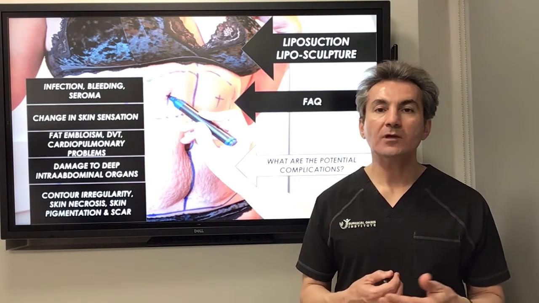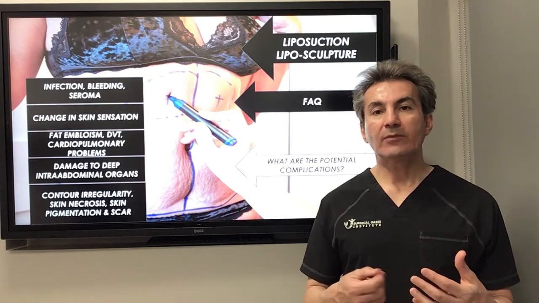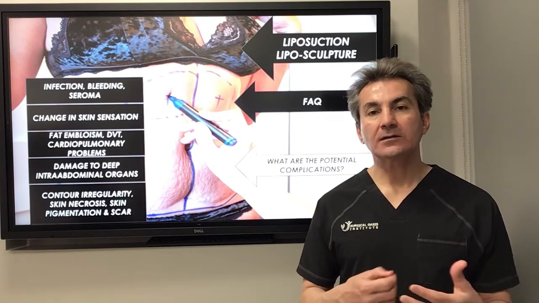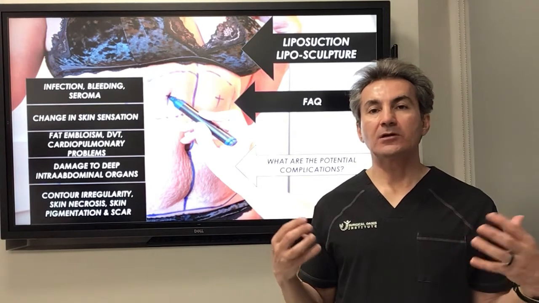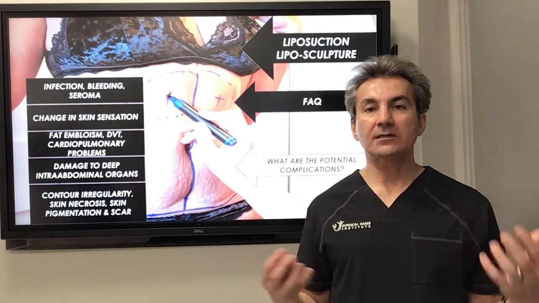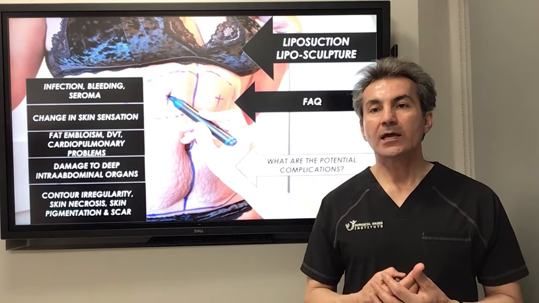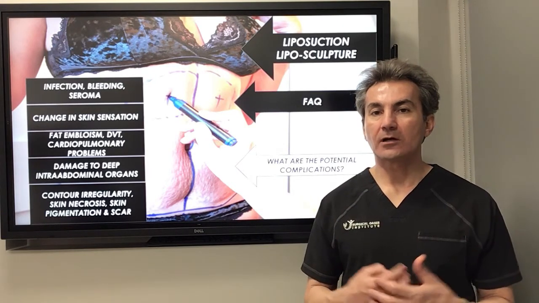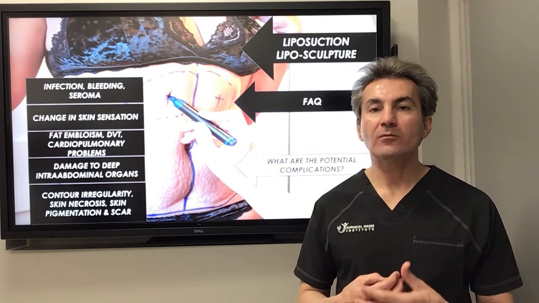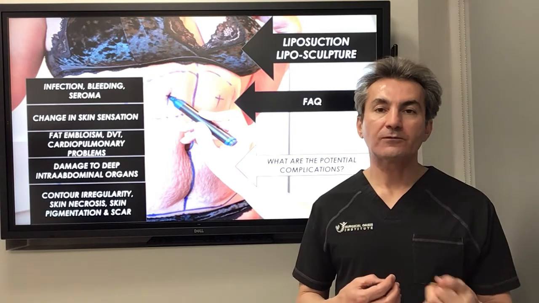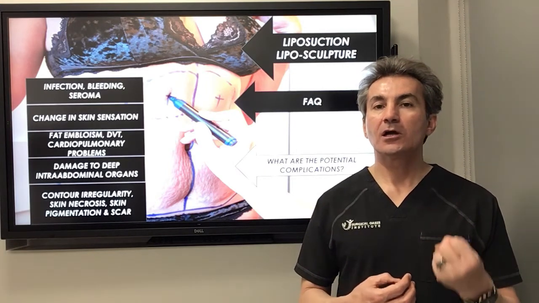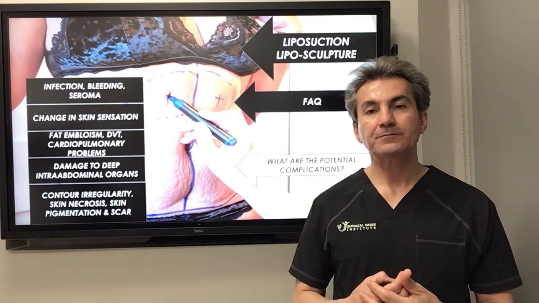Because we go under the skin and separate the fat and suck the extra fat, there's a lot of dead space or free space underneath the skin between the muscle and the skin, and that creates what is called seroma. So a lot of fluid accumulates in that area, and most of the time initially it's bloody fluid, and then it's a yellowish colored fluid called seroma.